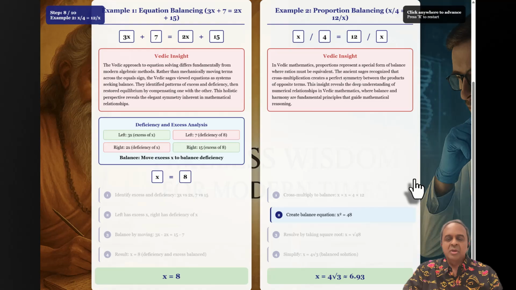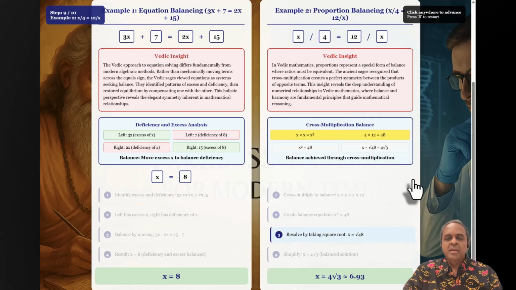So moving on to solve this, right? We have x and x, you move them to one side, that's x squared, and then you move 4 and 12 to the other side, so that's 48, right?